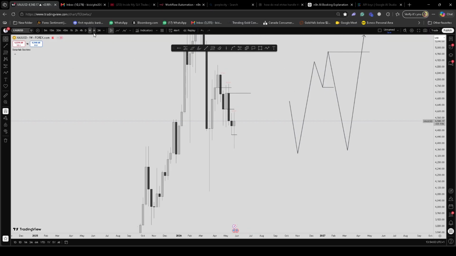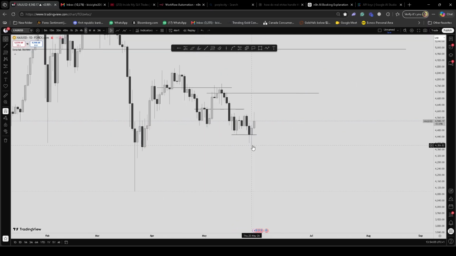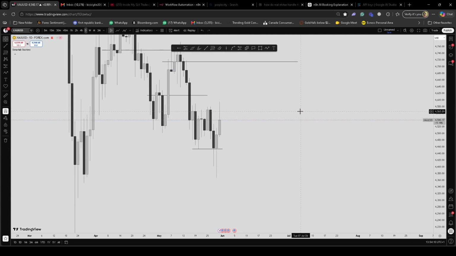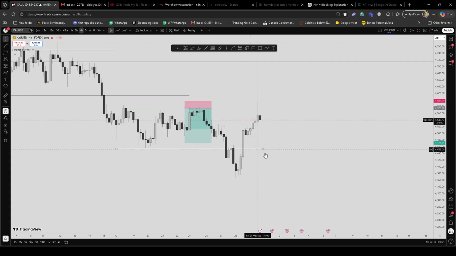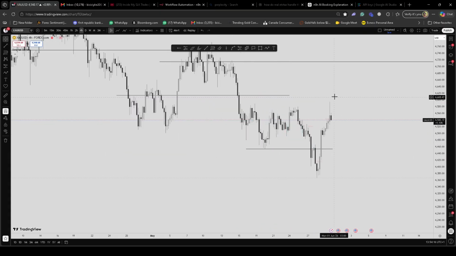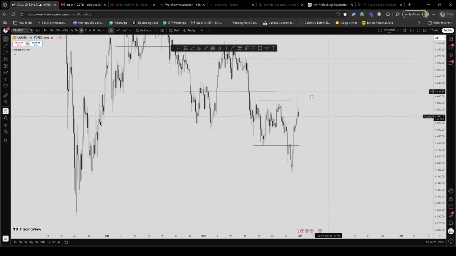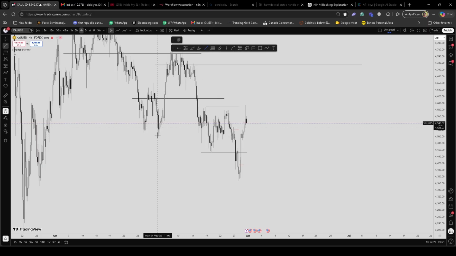So after price takes out this low, we can go to the 4 hours time frame. There is no break on the 4 hours time frame. So let's check the 4 hours time frame. On the 4 hours time frame, we have a break. Now, whenever price takes out this internal liquidity, look at the structure: the weekly is bearish.